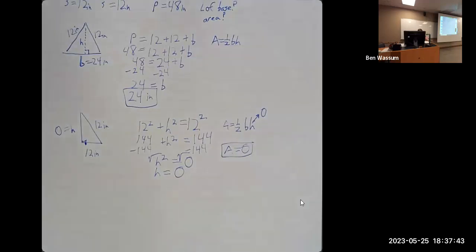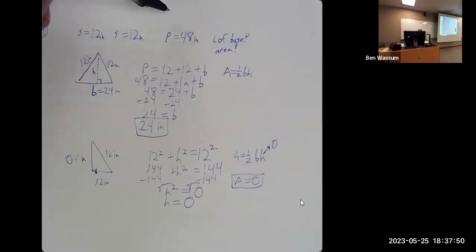If it had worked out a little differently, if this had been anything other than 48 for the perimeter, maybe like 36, then this would have been shorter. Then there would have been able to be a height because the base wouldn't equal out to the two other sides.